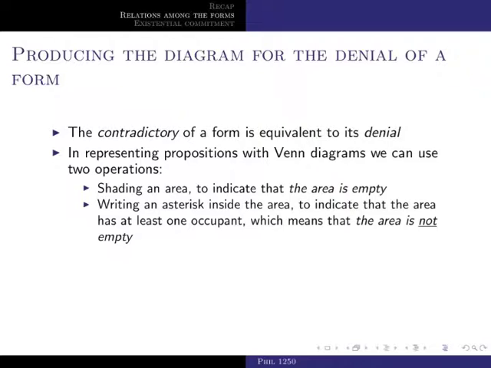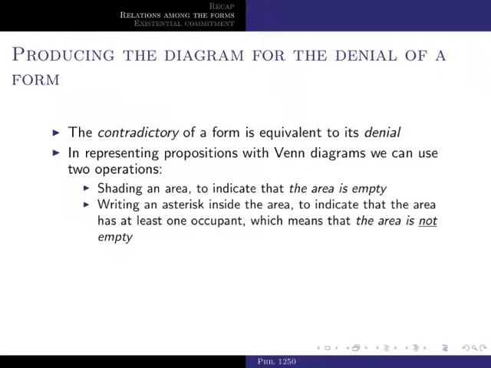Well, first of all, let's remember that the contradictory of a form is equivalent to its denial or negation. You will remember from our previous video that the contradictory of "all dogs are fierce" is "some dogs are not fierce," or "some dog is not fierce." Doesn't matter if it is plural or singular. Also, the denial of "all dogs are fierce" is simply "not all dogs are fierce."